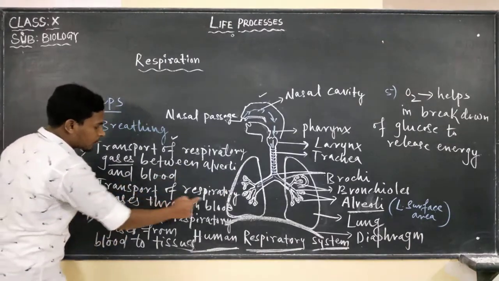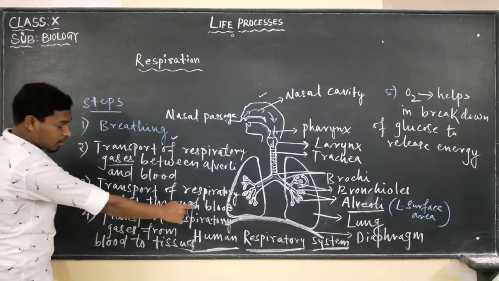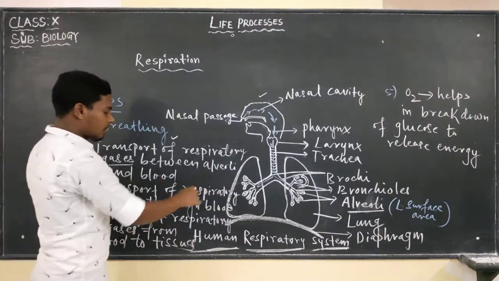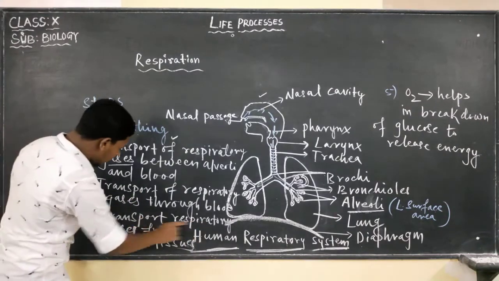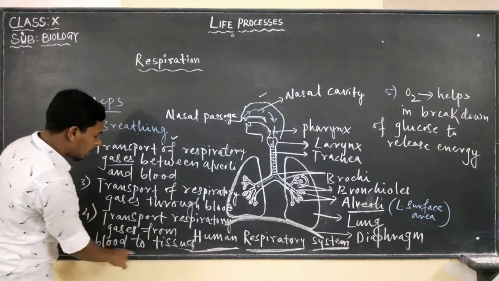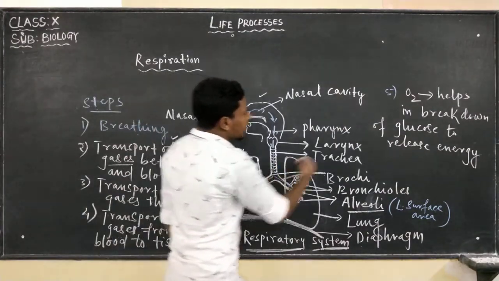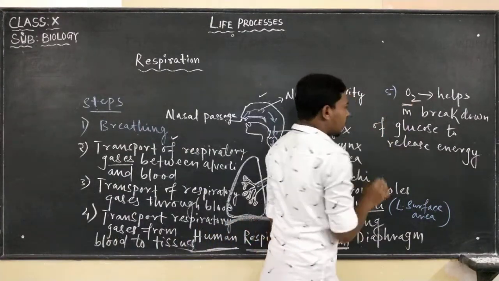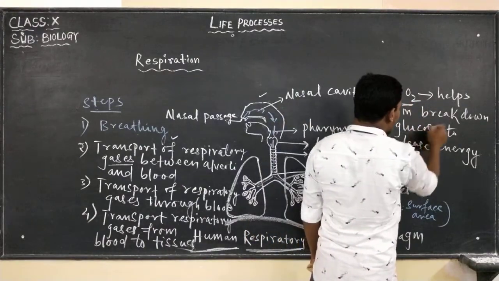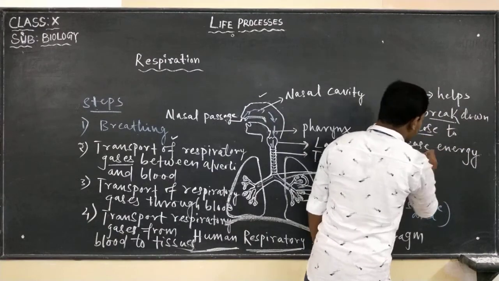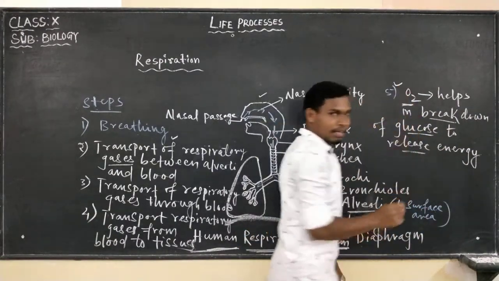Then transport of respiratory gases through the blood. And next one, transport of respiratory gases from blood to tissues takes place. And finally, oxygen, if it is aerobic respiration, helps in the breakdown of glucose to release energy. These are the 5 steps we need to keep in mind.